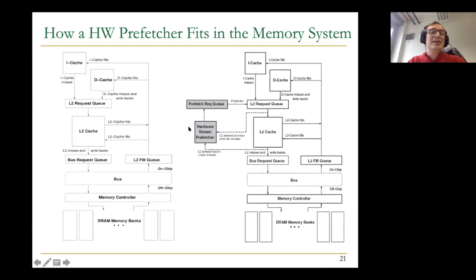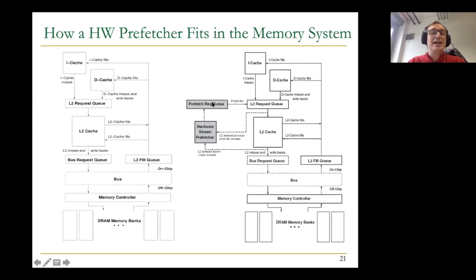So if you want to increase your coverage, if you want to eliminate your cache misses, you want to be more aggressive. And when you're more aggressive, you fundamentally become less accurate. So there's a trade-off between coverage and accuracy. And modern prefetchers actually have difficulty improving both at the same time, clearly. And we will also see some other dimensions of prefetching, like timeliness, in a little bit. You could potentially improve both at the same time, but you need to be very careful. You need to incorporate throttling mechanisms into your prefetcher, as we will also discuss.